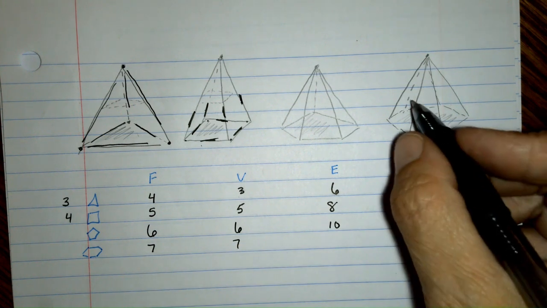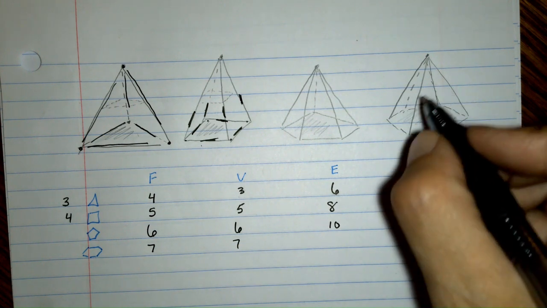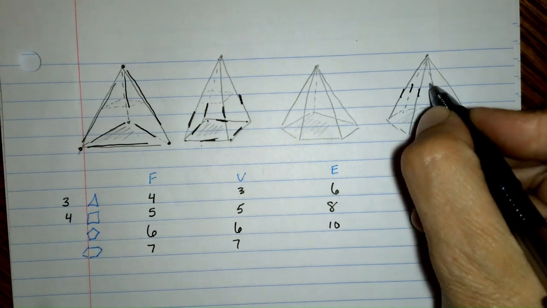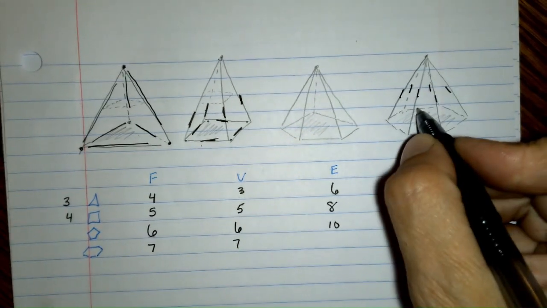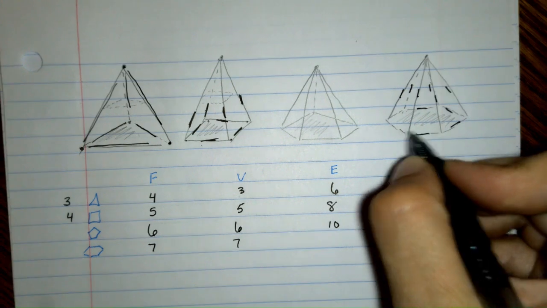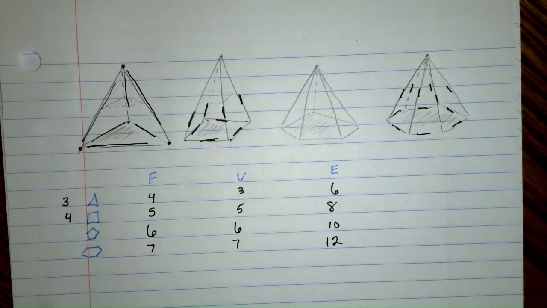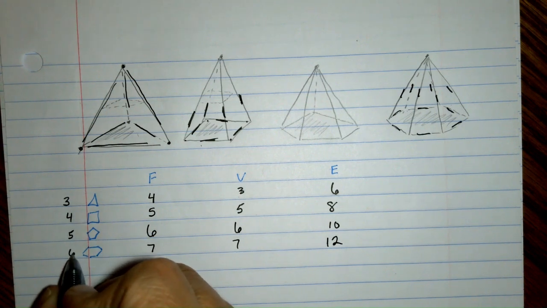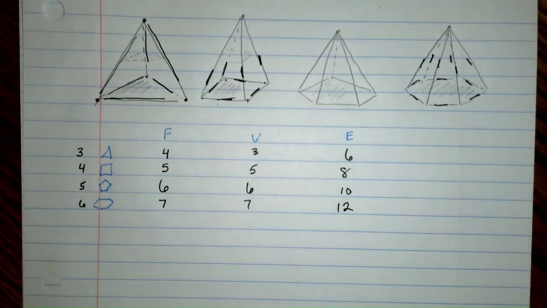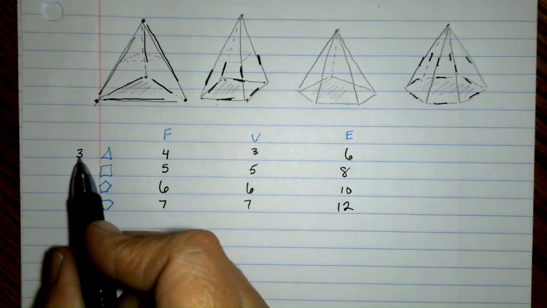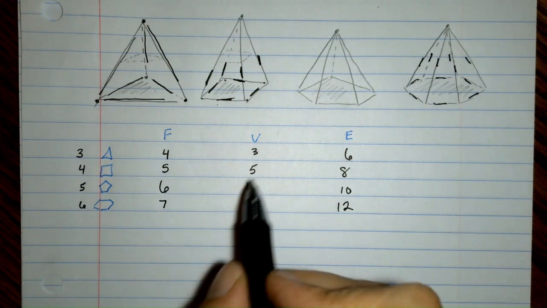And then if you look at the edges, we have 1, 2, 3, 4, 5, 6, 7, 8, 9, 10, 11, 12. So we can see patterns in here as well. We can see that, yes, the faces is just plus 1.